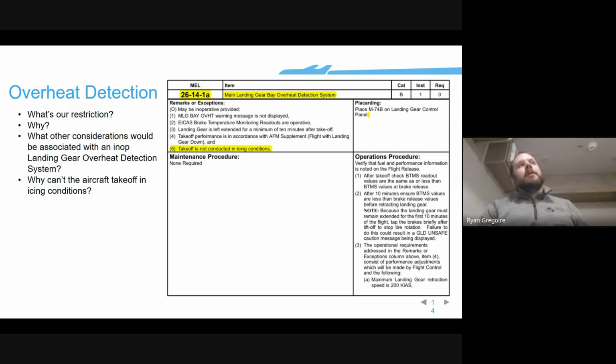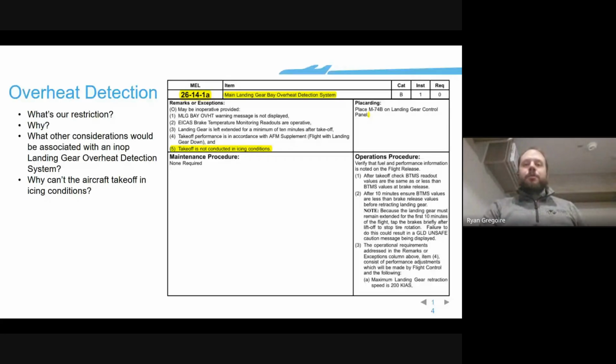Now, because we're leaving it extended, we can't take off into icing conditions, because the landing gear is not one of the parts of the aircraft that we have anti-ice protection for, which means that if we were taking off in icing conditions, there could be a significant buildup of ice on the landing gear, which is going to, again, produce additional aerodynamic penalties on the aircraft as well as increased weight.